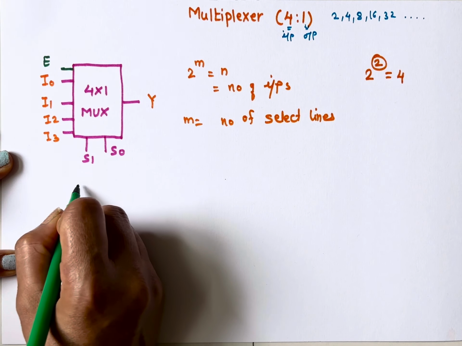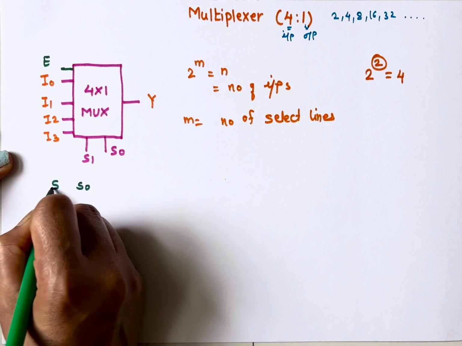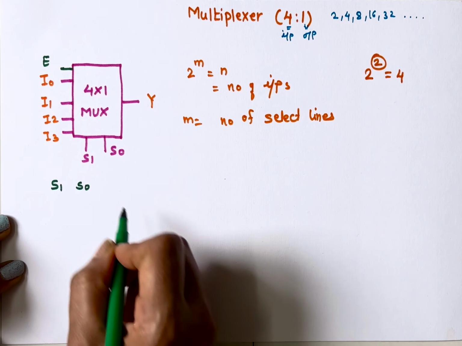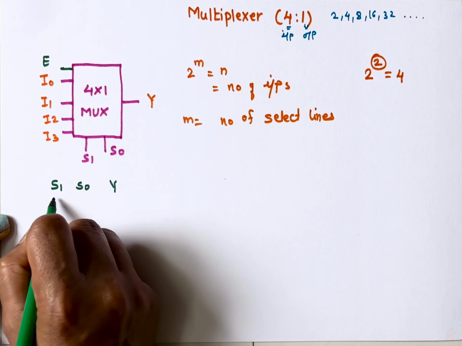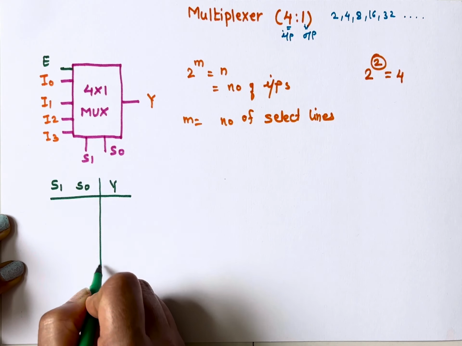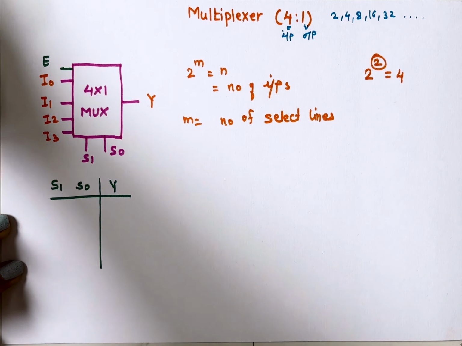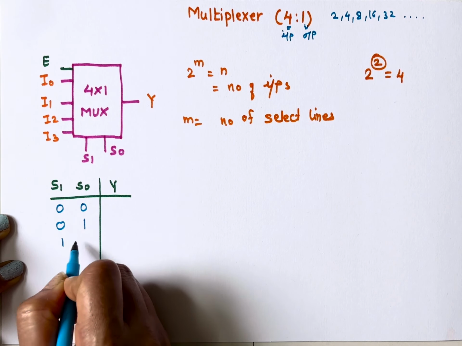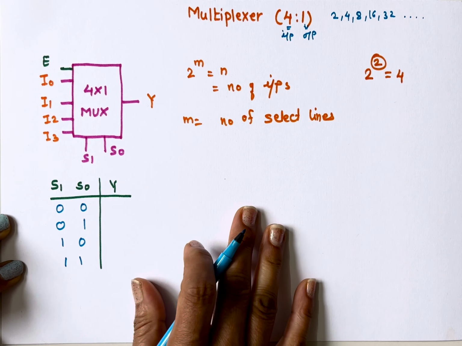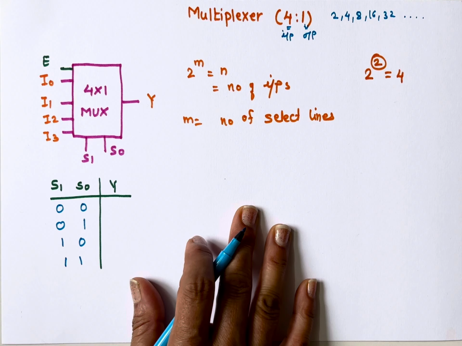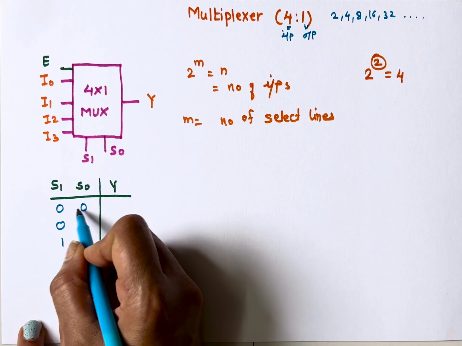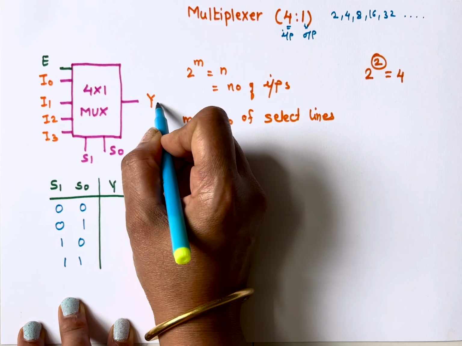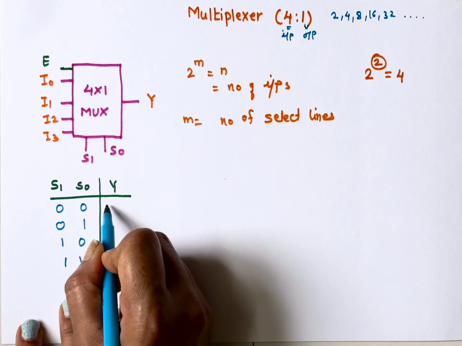So now let's see how this works. I have 2 select inputs, S0 is LSB, S1 is MSB, and I have one output Y. The conditions for select inputs are 00, 01, 10 and 11. These are the 4 possible conditions. When select inputs are 00, at Y we will get I0.